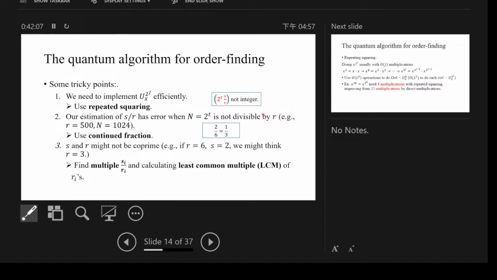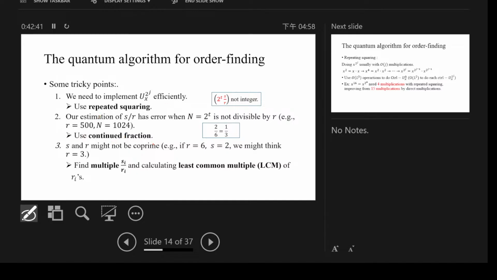So basically, when r is not a power of 2, your estimation of S over r will have some error, because you only estimate this fraction in terms of powers of 2 exactly. And you get some error, and we say error is okay, because you can truncate somewhere, but then you think about truncating 1 over 3, but here is something extra.